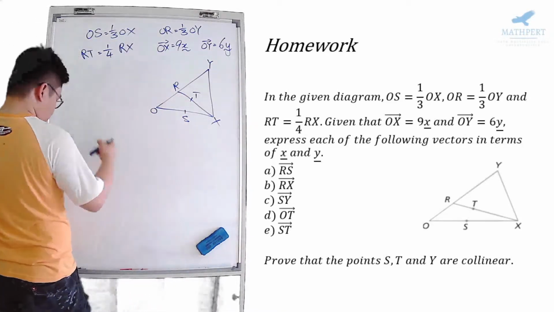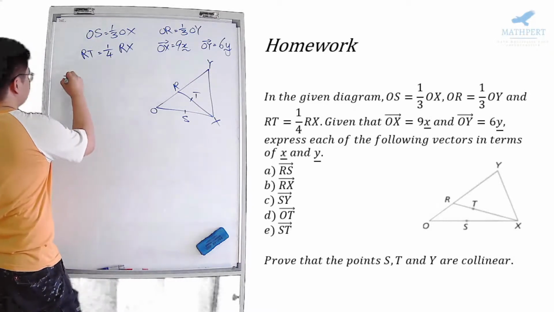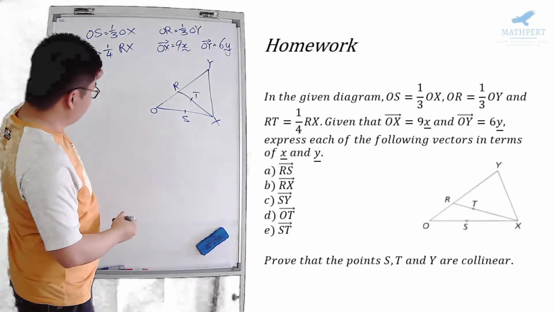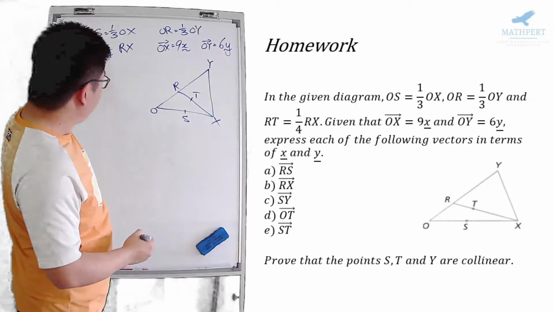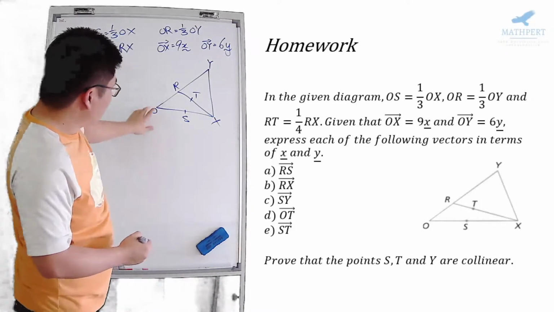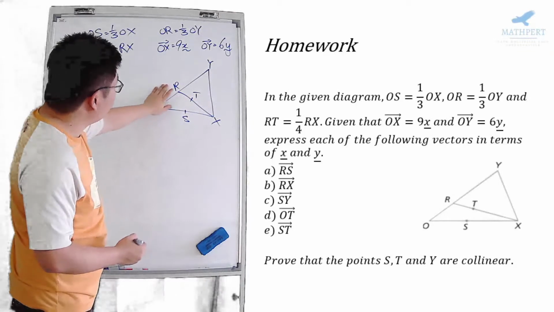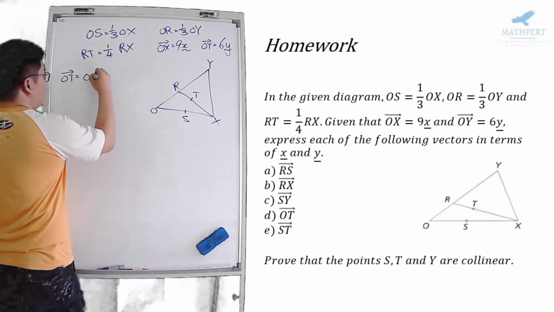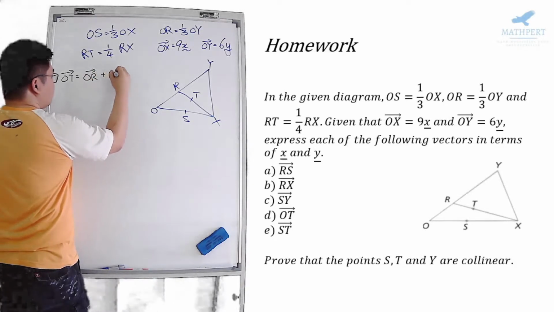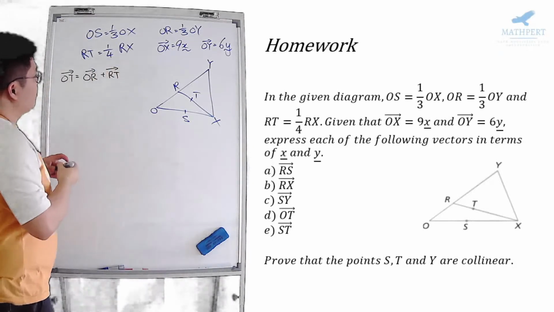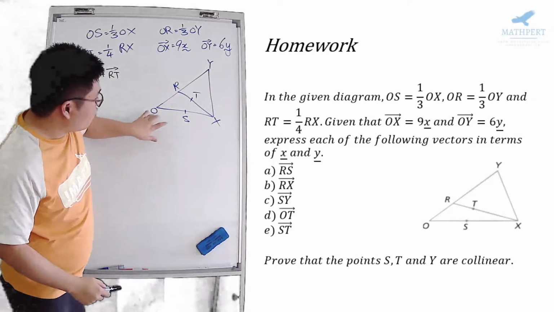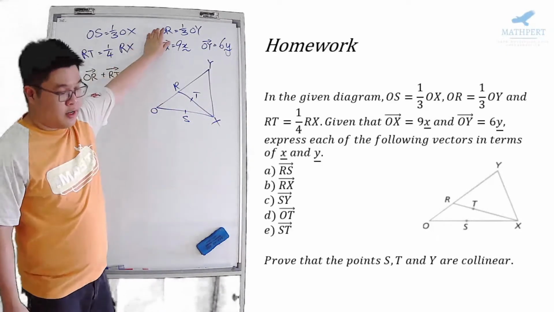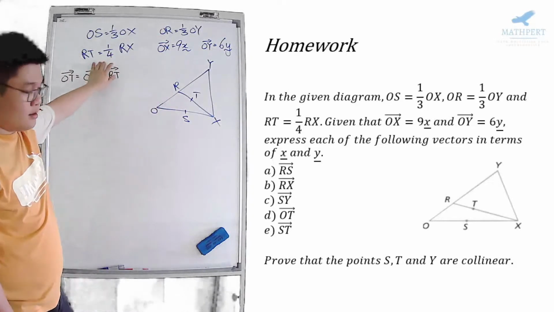So OT is equal to OR plus RT. Why do I pick OR? Because we have OR over here, and RT we have RT over here.